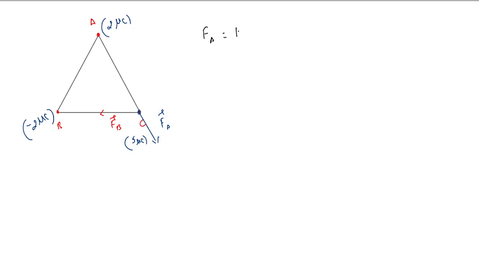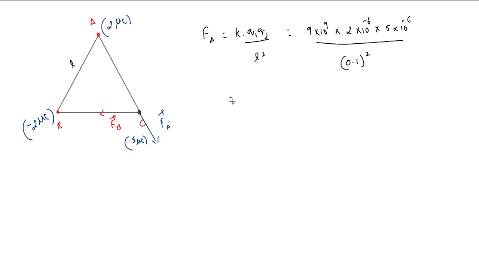Fa would be K into two charges. Just write the formula once: K Q1 Q2 by L square, where L is their separation. So in this case, it will be 9 into 10 power 9 into Q1, which is 2 into 10 power minus 6, Q2 which is 5 into 10 power minus 6, by the distance square. The distance is 10 centimeter, so we can write that as 0.1 meter. So 0.1 whole square is equal to, it becomes 9 into, look at the powers now, 10 power 9, 10 power minus 12.